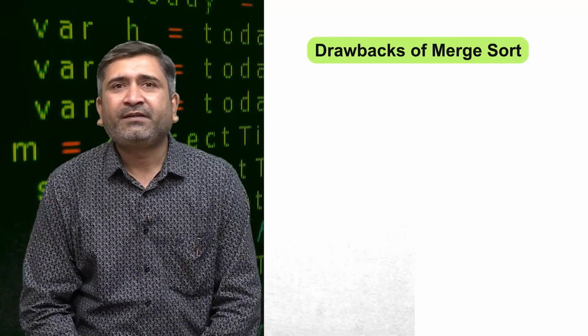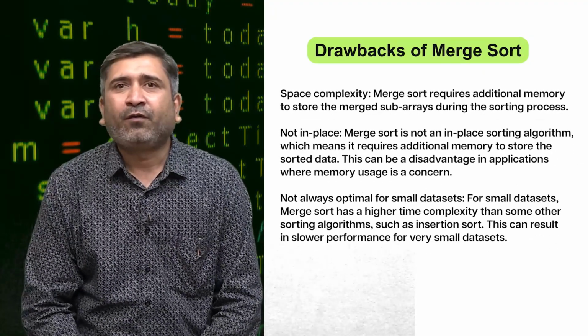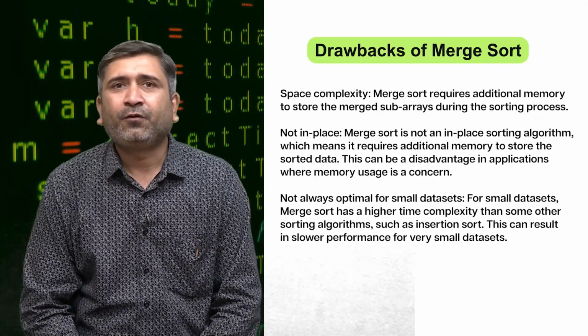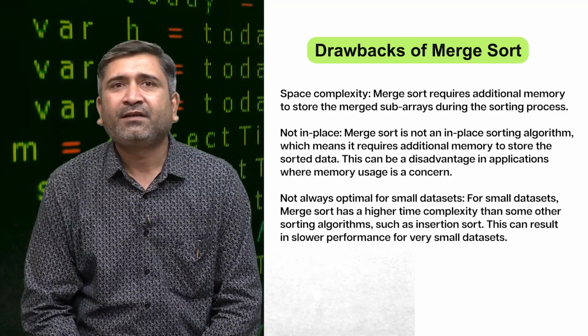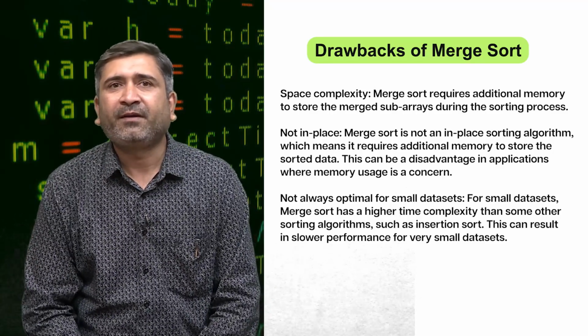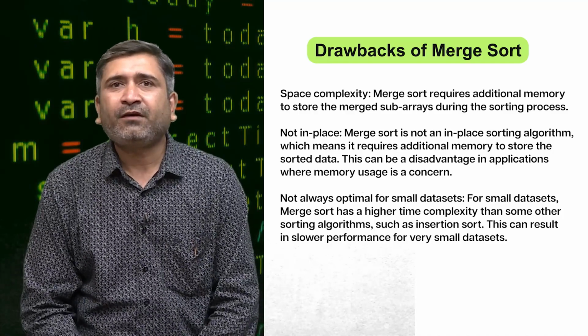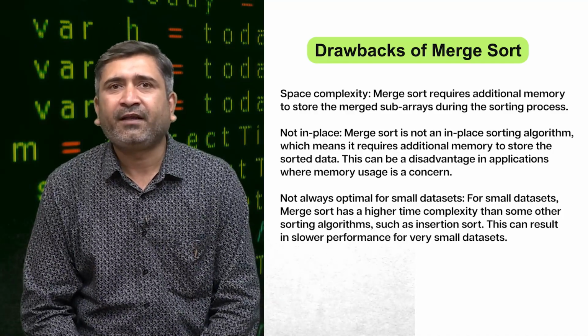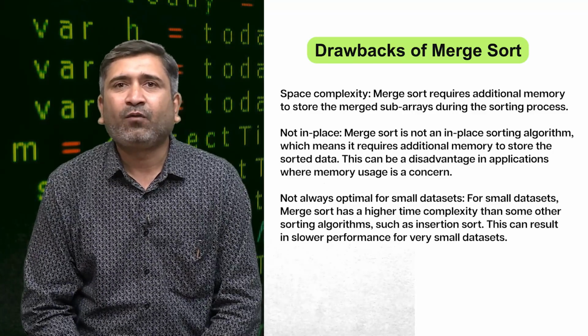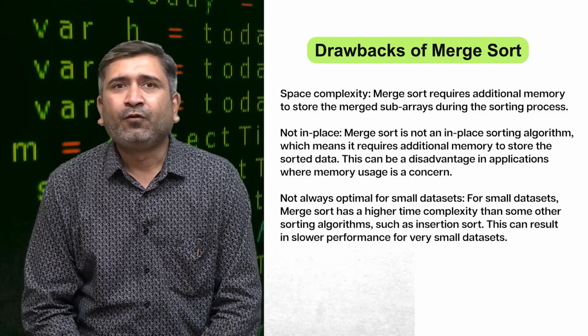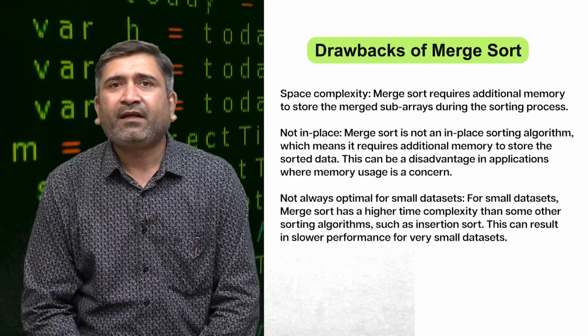Space complexity: merge sort requires additional memory to store the merged subarrays during the sorting process. Merge sort is not an in-place sorting algorithm, which means it requires additional memory to store the data.